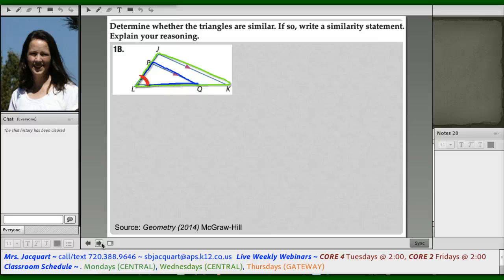The next part that we do know is this angle will match that angle because those were parallel lines. Parallel lines crossed by a transversal, corresponding parts are congruent. So therefore, yes, similar.